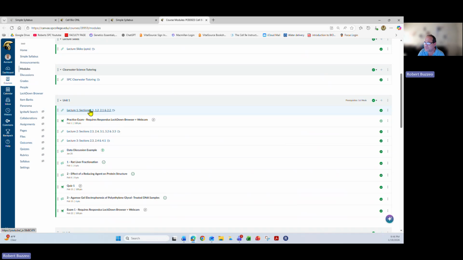These are the chapter sections that are covered in that lecture. Read through the textbook, all right? And then by February 1st, which is pretty soon, all right? You're not given an enormous amount of time to study for this because it's not graded, right? It will be graded, but it doesn't count towards your final grade.